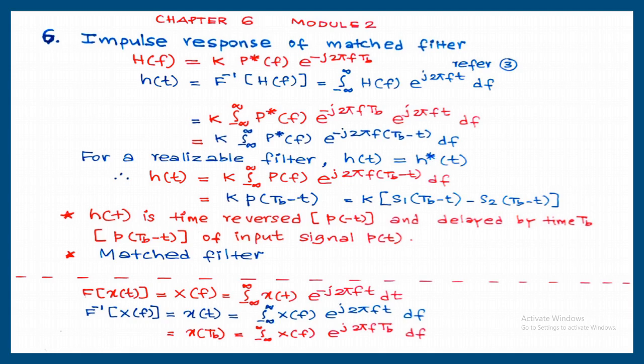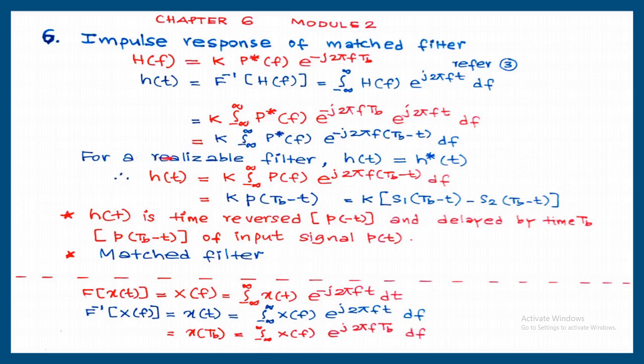Then substituting H of f here, k is a constant outside, so k into integral from minus infinity to plus infinity P complex conjugate f e raised to minus j 2 pi f Tb, from the transfer function, then e raised to j 2 pi f t for the inverse Fourier transform, df. So k integral P complex conjugate f, multiplying these two, e raised to minus j 2 pi f of Tb minus t df.